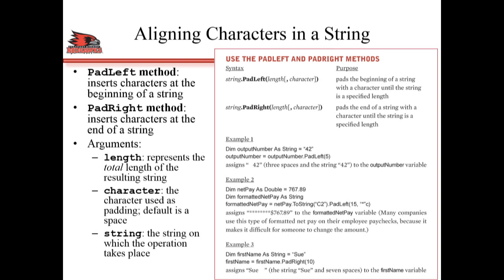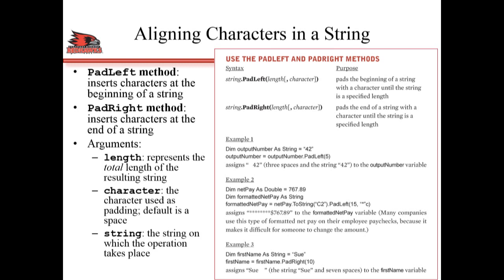Pad left inserts characters at the beginning of the string, pad right inserts characters at the end of the string. In the arguments we have the length, which represents the total length of the resulting string. So after the padding, what is the total length that you have to give in the length argument? The character argument is the character we want to insert in the padded string.